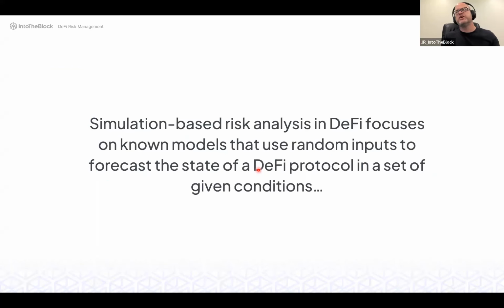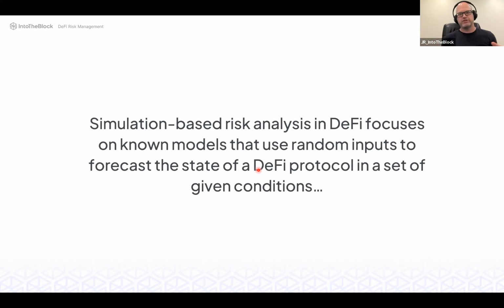Simulation is different. Simulation is an approach in which you have a model that you know works, and then you simulate a lot of random inputs and try to come up with an output. This is used a lot by companies like Gauntlet or Chaos Labs to come up with different scenarios for the composition of a DeFi protocol. Let's say you want to adjust the weights of a pool in an AMM or the collateralization ratio in lending protocols.